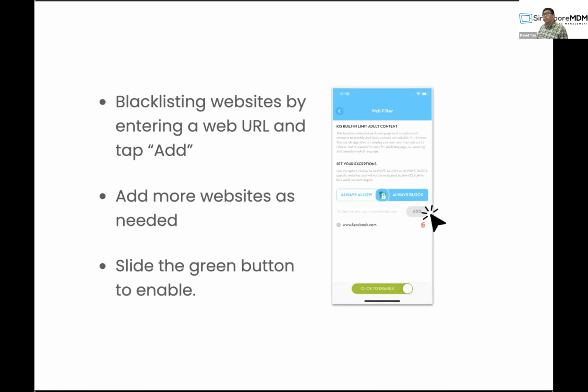To disable it, come back to this part here, and you click or slide to disable it, and then the profile after some time will be sent out and removed from the device, and then the child can visit that website. During school hours, the school will always manage it from the network side.